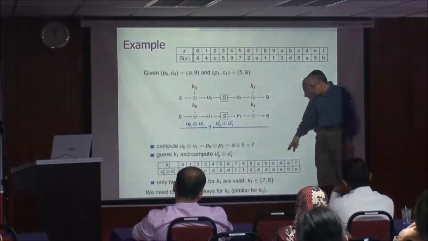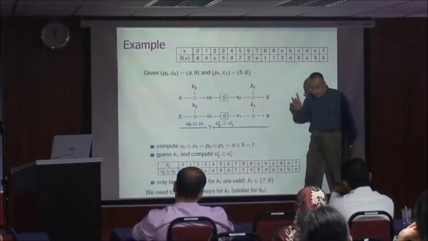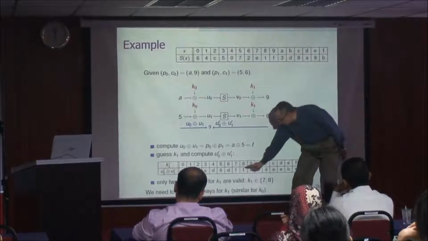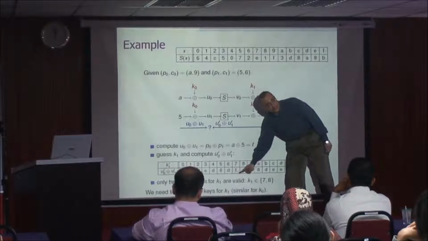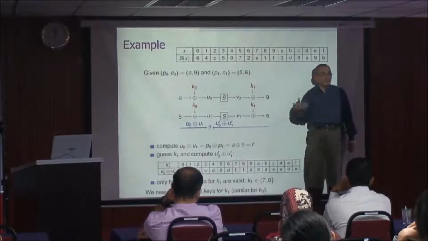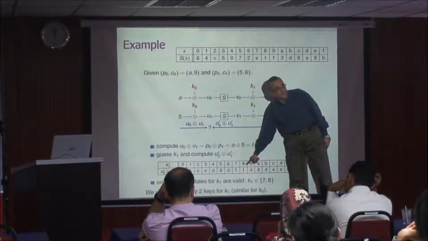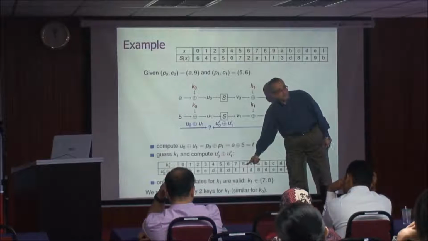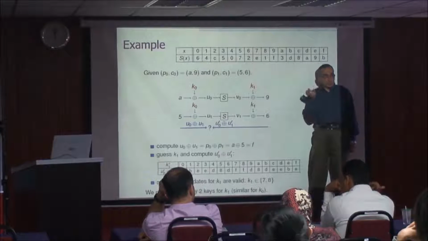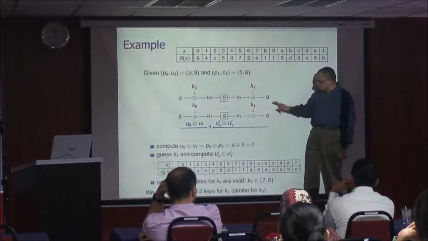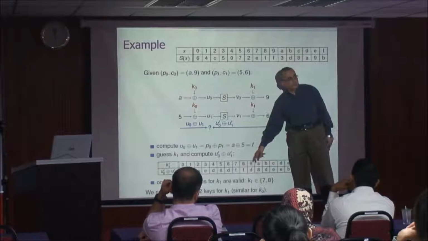If you do this, you find that only two guesses of K1 give the difference F. So the only valid guesses for K1 must be either 7 or 8.